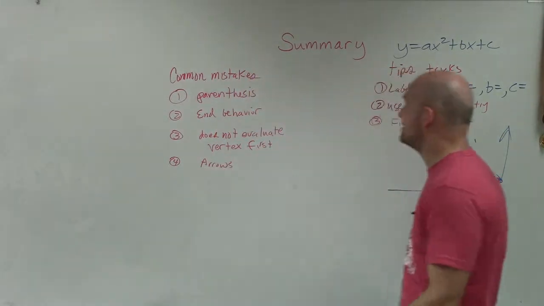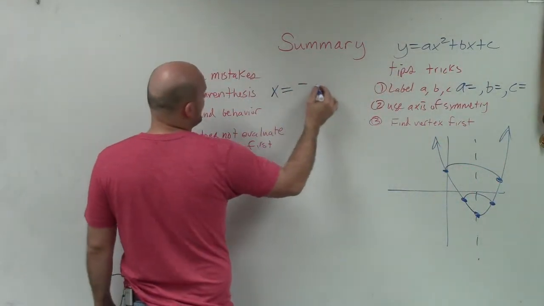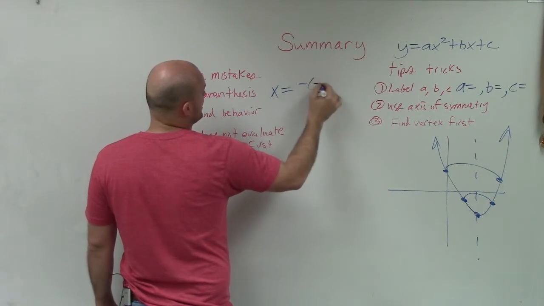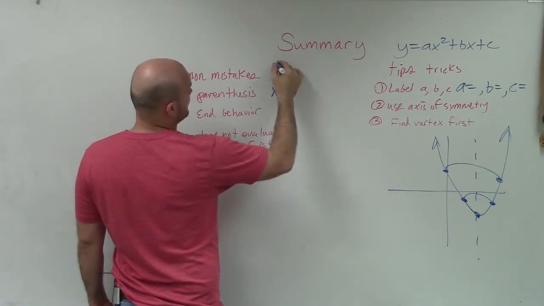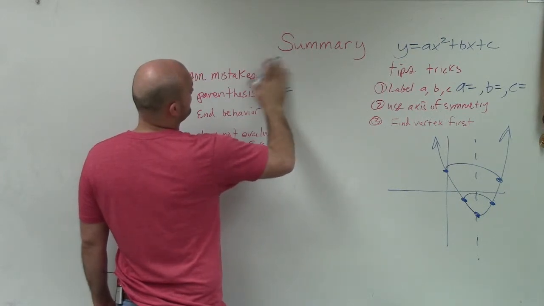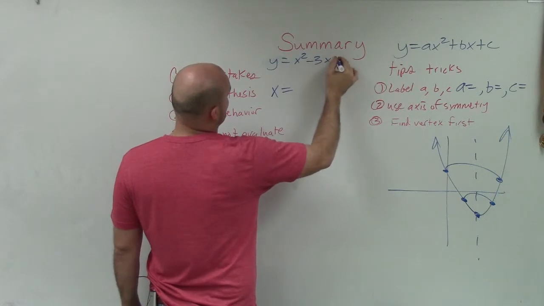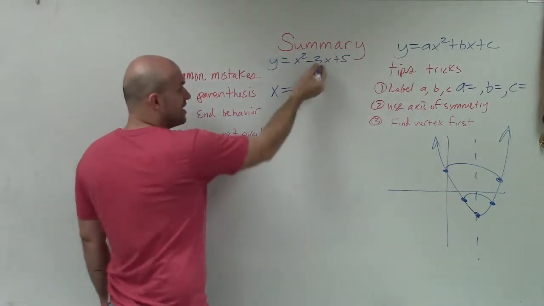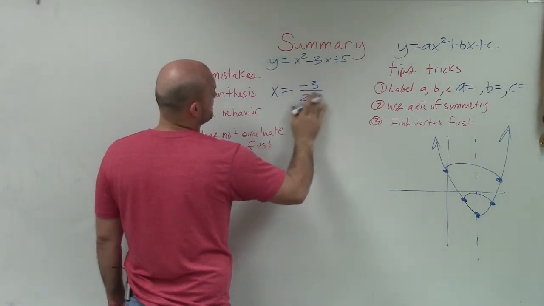Now let's get into the fun stuff, the common mistakes. A lot of times I see students that have problems with the opposite of b. So let's say they have an equation, y equals x squared minus 3x plus 5. And they'd say, oh, it's already negative, so it's negative 3 over 2 times 1.